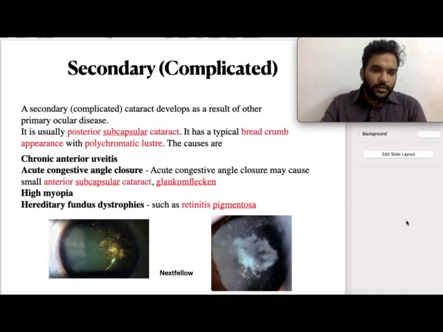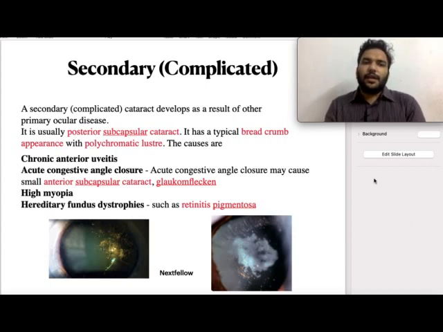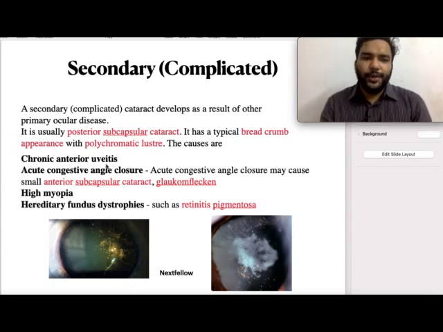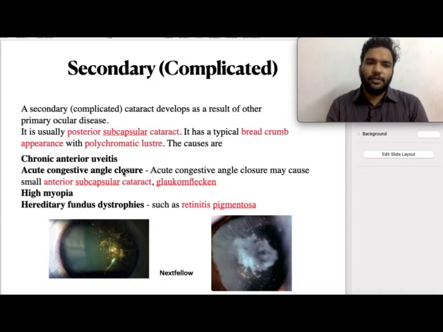Then the important thing is secondary complicated cataract. Secondary cataracts are nothing but there will be primary ocular disease causing secondary cataract. It's usually posterior subcapsular cataract, with typical breadcrumb appearance or polychromatic clusters. Here you can see polychromatic clusters. These are the four different categories that can cause it: chronic anterior uveitis, acute congestive angle closure glaucoma, high myopia, and hereditary fundus dystrophy.